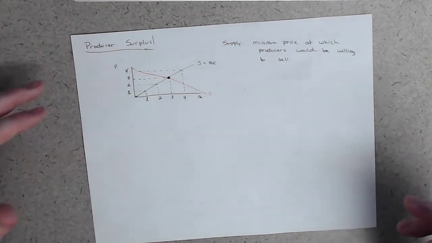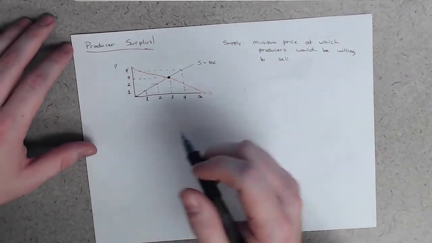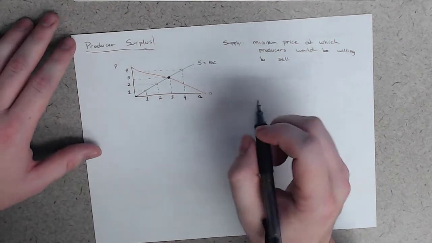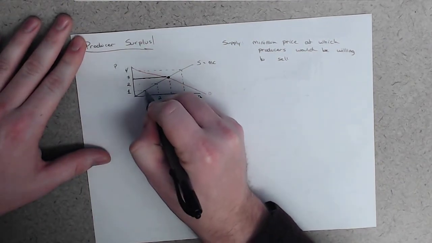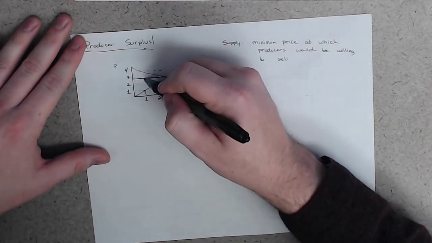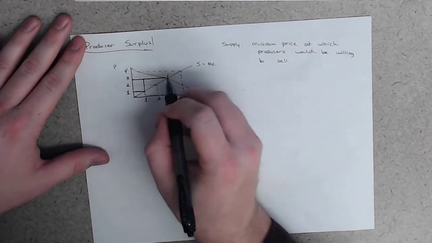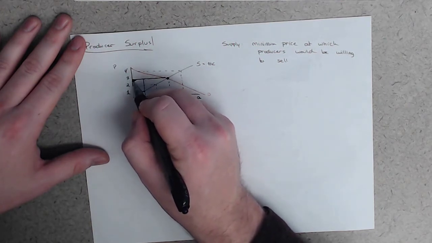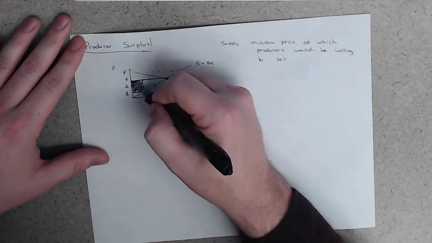Always label your axes. And so here, the producer is willing to sell the first unit for $1, but they are selling it for $3, which is $2 more than what they'd be willing to sell it for.